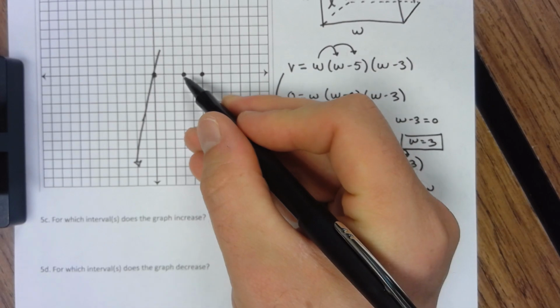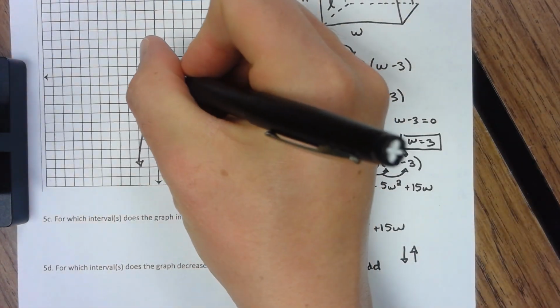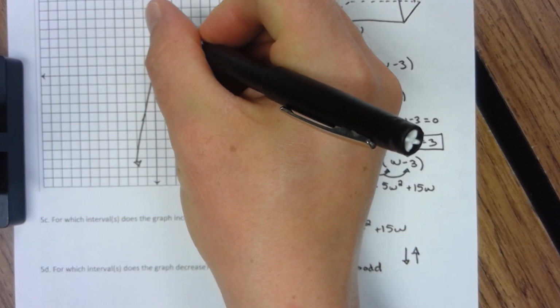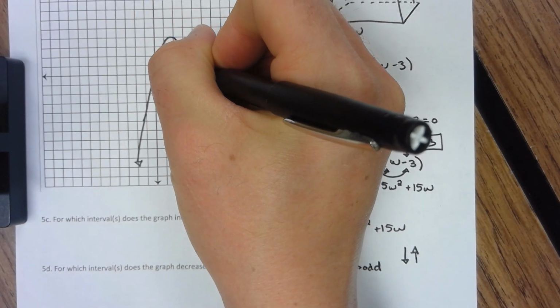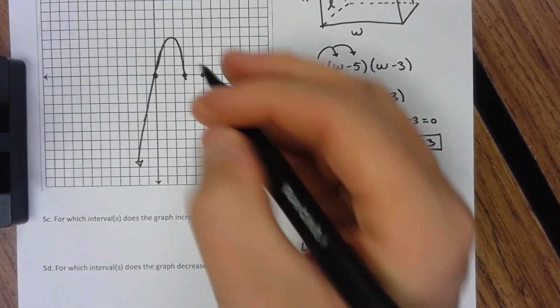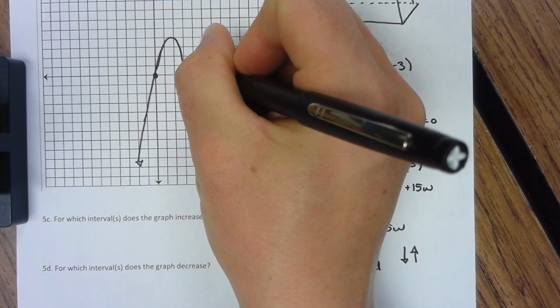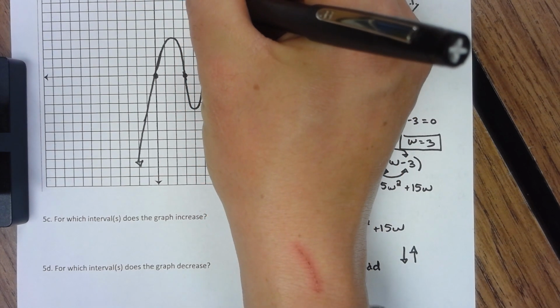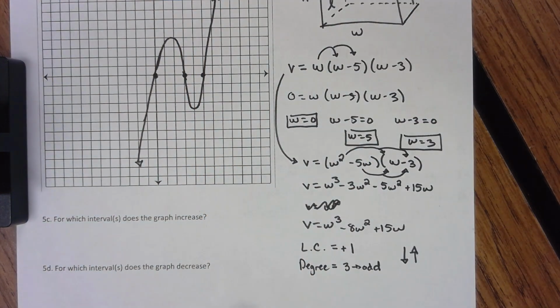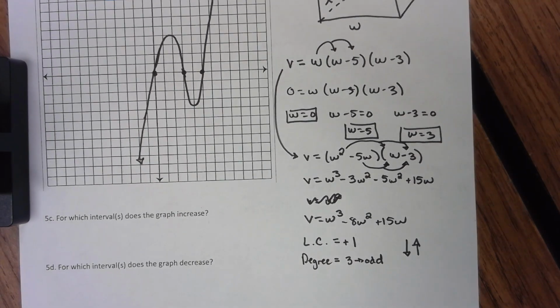In order for me to pass through the other x-intercept, we have to have a turning point. So I'm going to turn somewhere and pass through that other x-intercept. And in order for me to pass through the other x-intercept, once again, I need to turn. So here's another turning point. Then passing through that x-intercept helps me get my right end to go up, which is exactly what we needed. And this is a quick sketch of what our graph looks like.